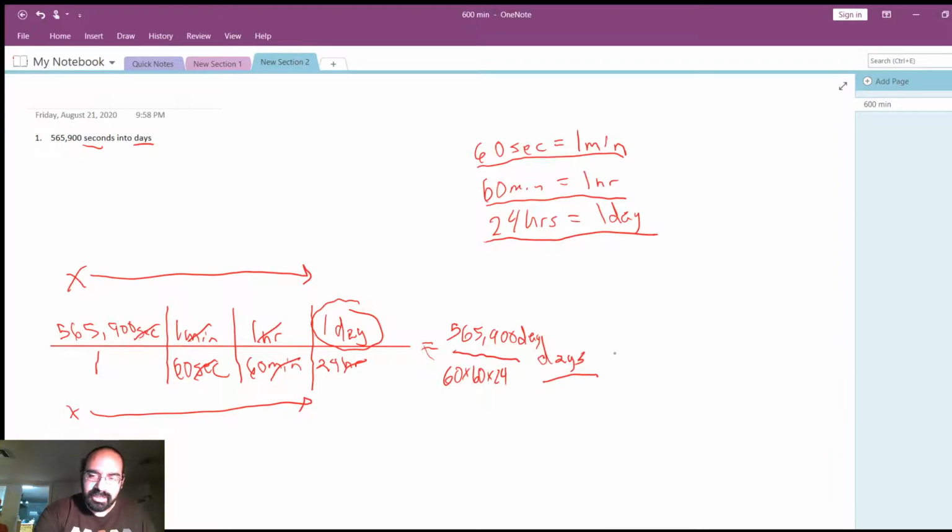So that is equal to 6.54 days. Now if you want to round up, because we don't have any significant figures here, we will wind up with 7 days. 7 days would also be an acceptable answer.